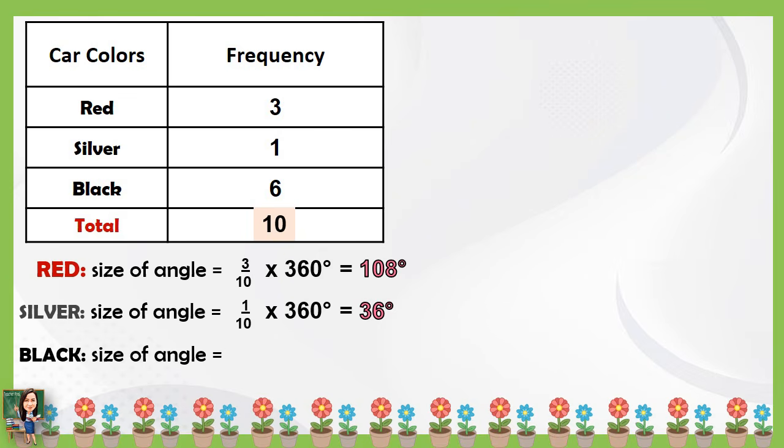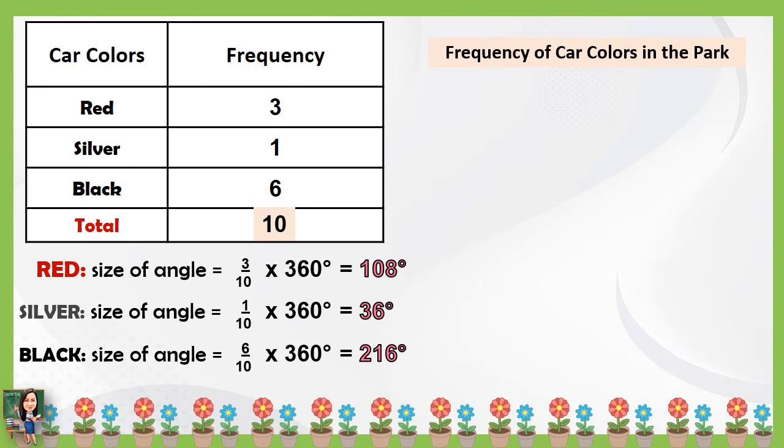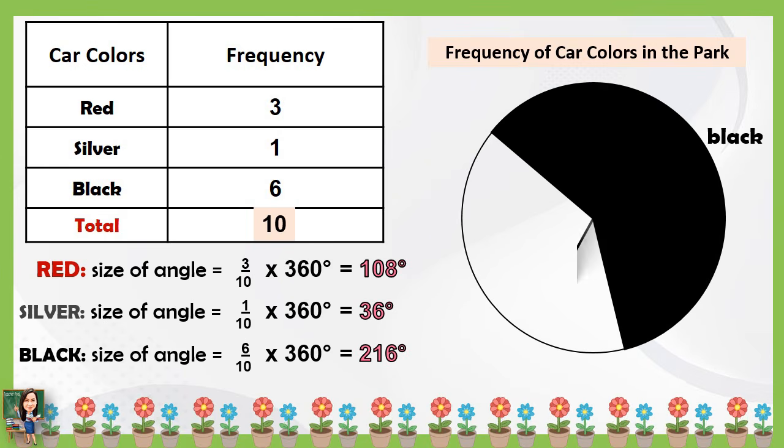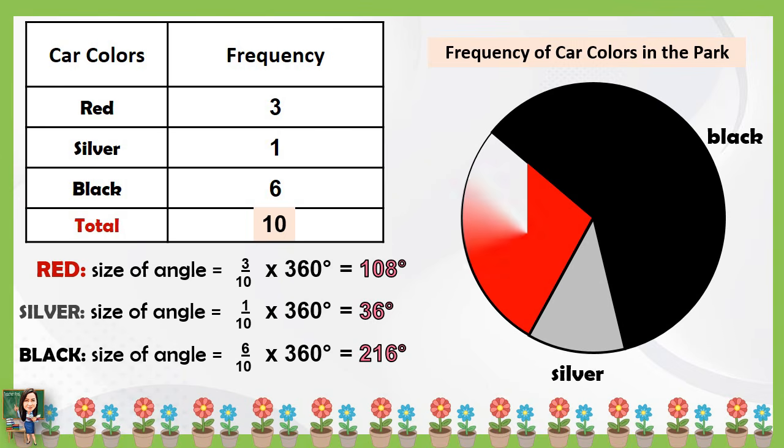Size of angle equals 6 divided by 10 times 360 degrees equals 216 degrees. And for the pie graph, the title is Frequency of Car Colors in the Park. This is the pie graph. For the black color, there are 6. Silver color, there is only 1. And for red, there are 3.